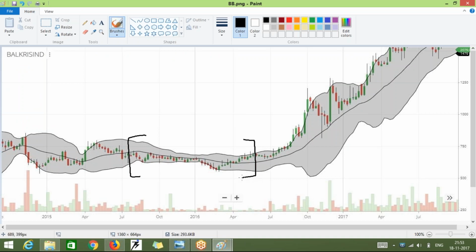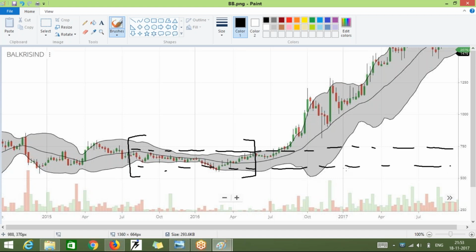The stock was continuously trading in a price band of almost 100 points.